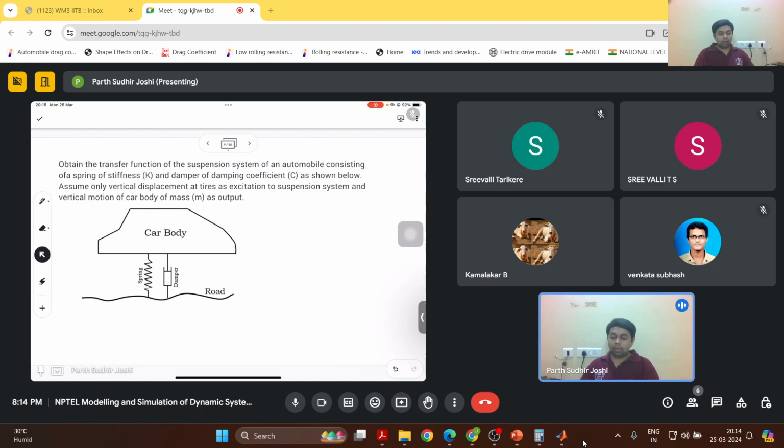We have to find the transfer function of the suspension system using this model, and we have to assume only the vertical displacement at the tires as the excitation of the suspension system and the vertical motion of the car body as the output.